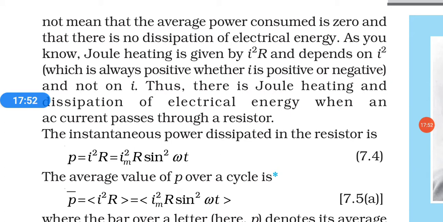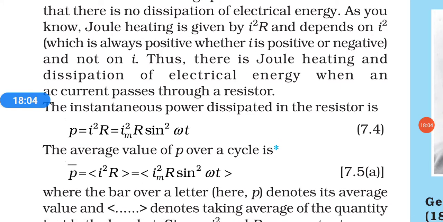There is Joule heating and dissipation of electric energy when a current passes through a resistor. At that time P is equal to I square R. But here I is equal to Im sin omega t, so we are squaring it, because we have I square: I square m sin square omega t.